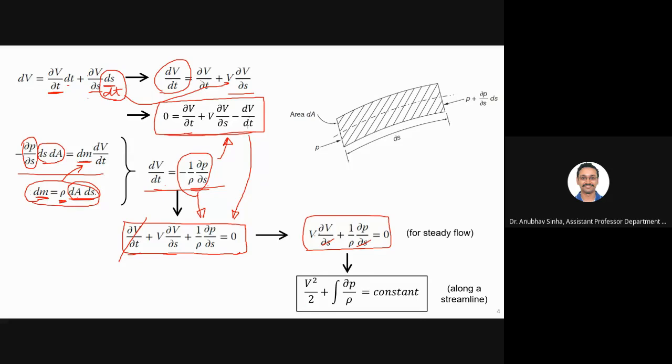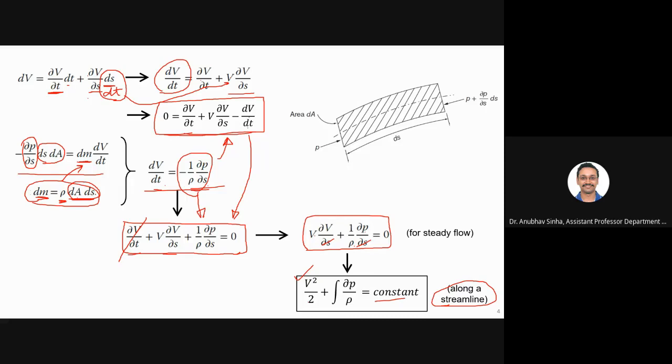Now we'll have v square by 2 plus the integral of dp by rho. This will be constant along a streamline. This is very important. We cannot do it across different streamlines, but along a streamline, this will be constant.